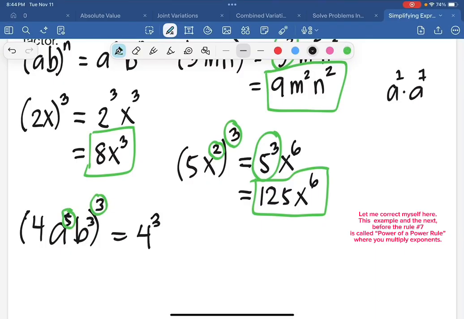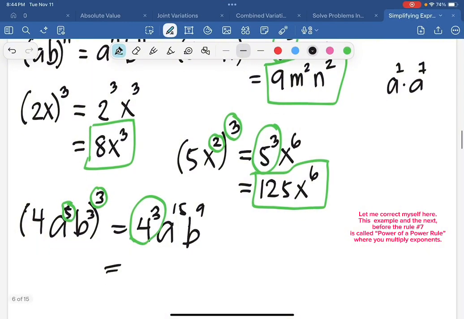So if we have an exponent, we multiply. So 5 times 3 is 15. So a raised to 15. And same thing with b cubed. Raised to 3 is 3 times 3, which is 9. So b raised to 9. But again, we're not done yet with 4 cubed. So 4 times 4 times 4 is 64. So our final answer would be 64 a raised to 15 b raised to 9.